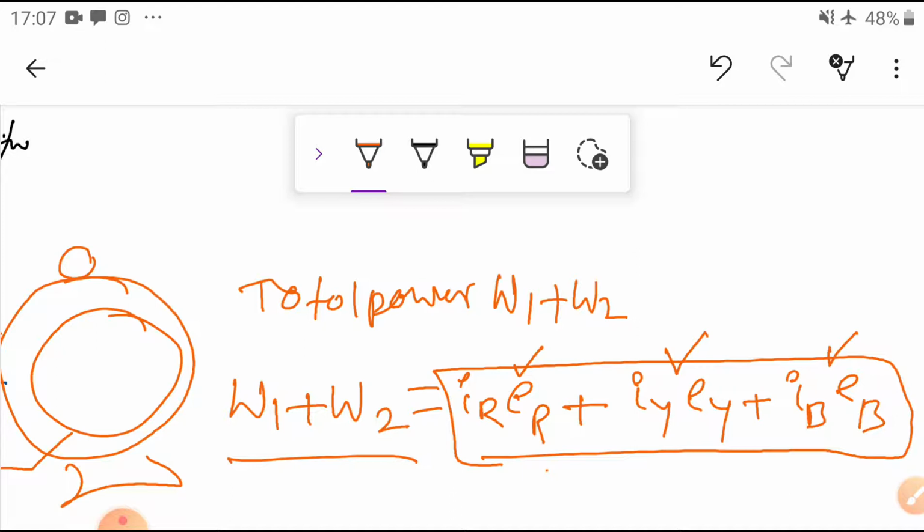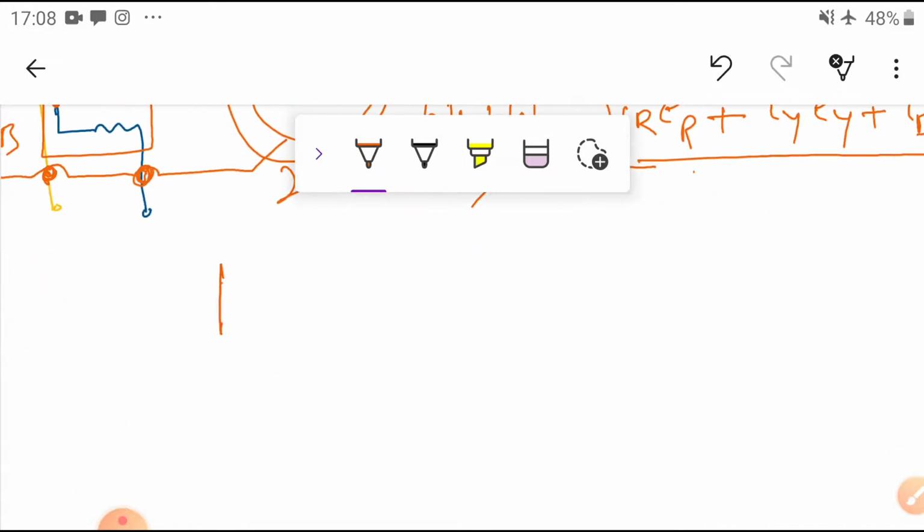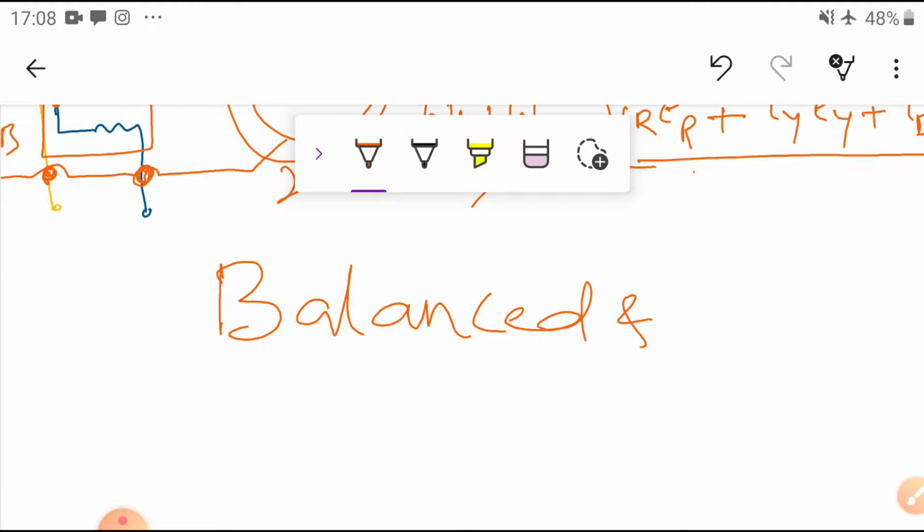In this class we are going to learn further what is done if the load is only balanced. In this case we calculated the instantaneous power. Now I want the load to be balanced, and I do not want the maximum power.